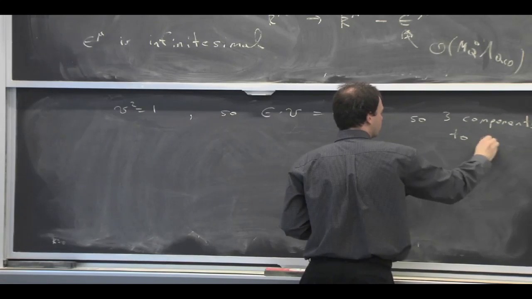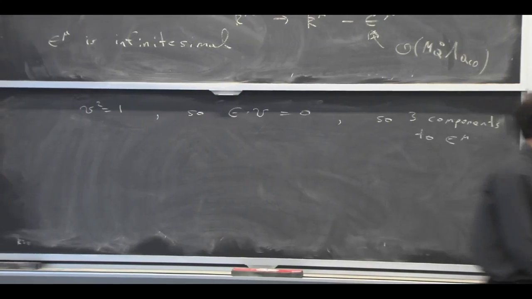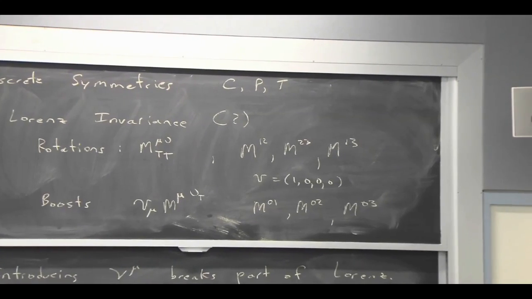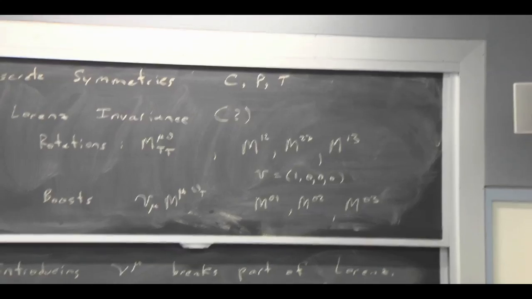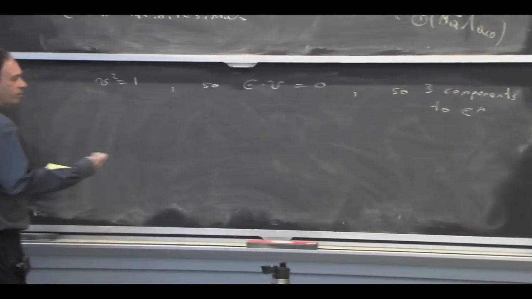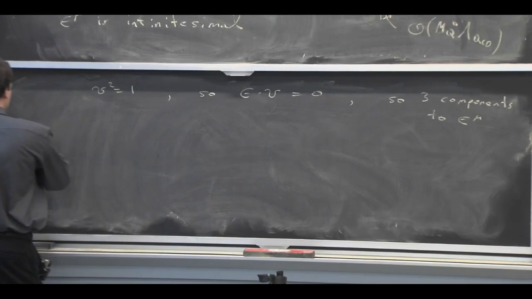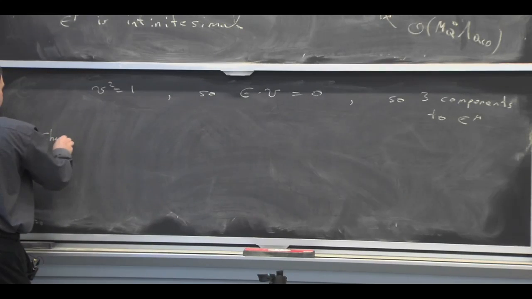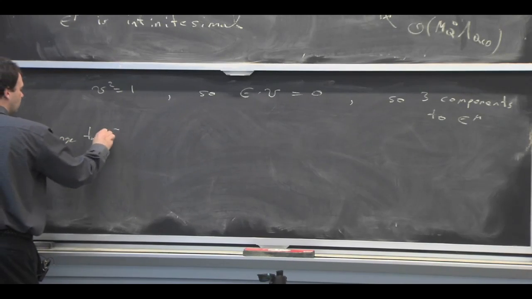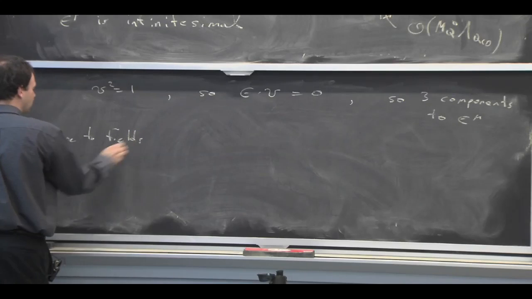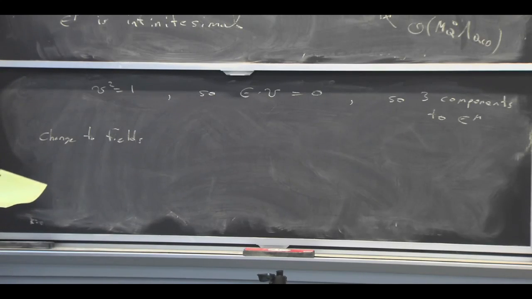And those three components of epsilon are exactly related to the three boosts here. Okay, we have a three parameter family of transformations, which are the three components of the epsilon, which in the rest frame would just be the 1, 2, and 3.